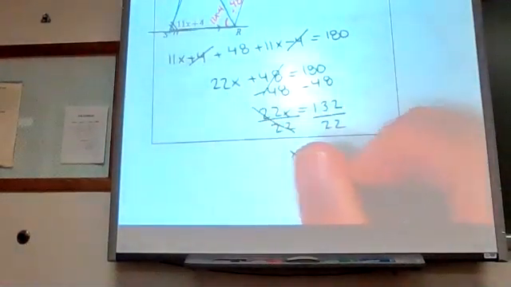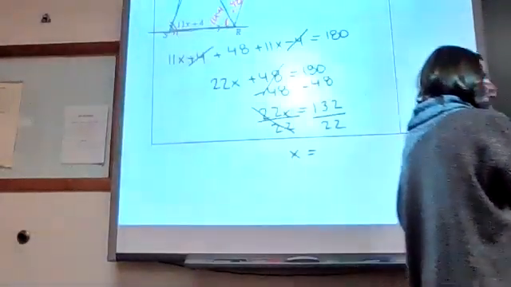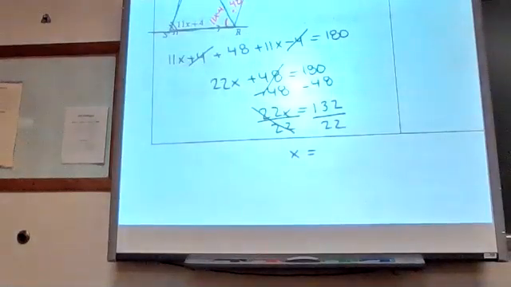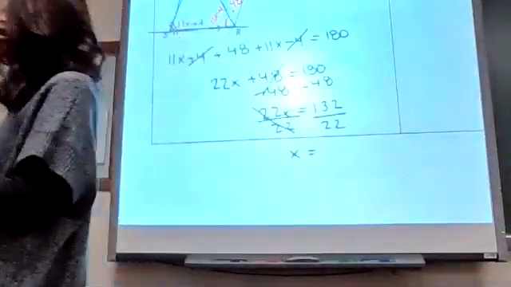Divide by 22. And x equals 4. No, not 4. 6.